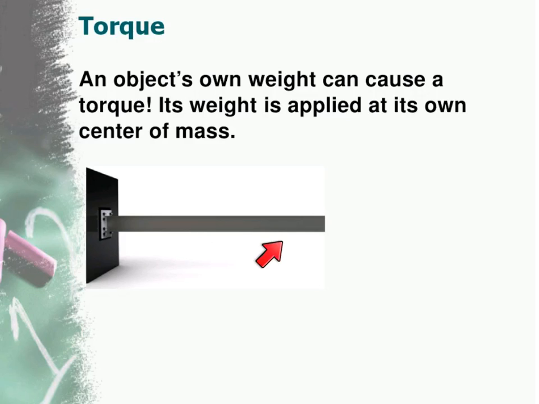So its own weight wants it to rotate around this pivot point here. That weight is being applied at the object's center of mass. So we're going to think that this beam is uniform, and if it is, then the center of mass is simply in the center of the beam. And we can think of this beam's own weight being applied at its center of mass.